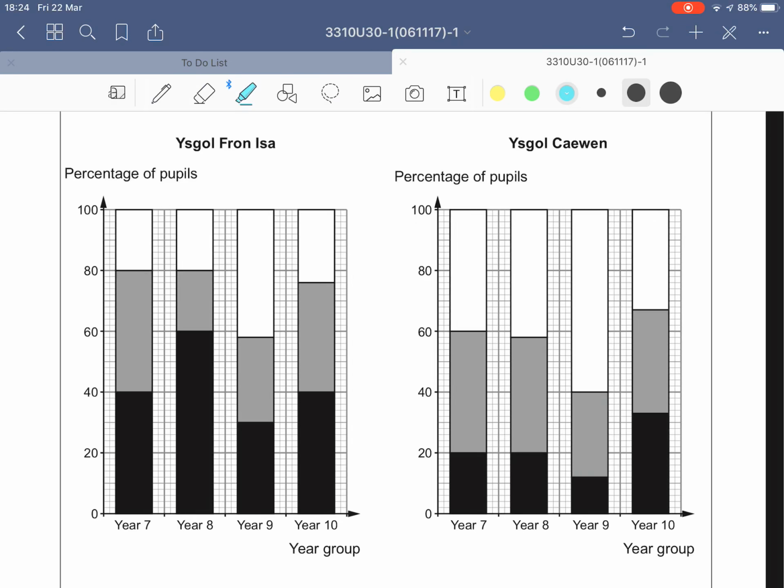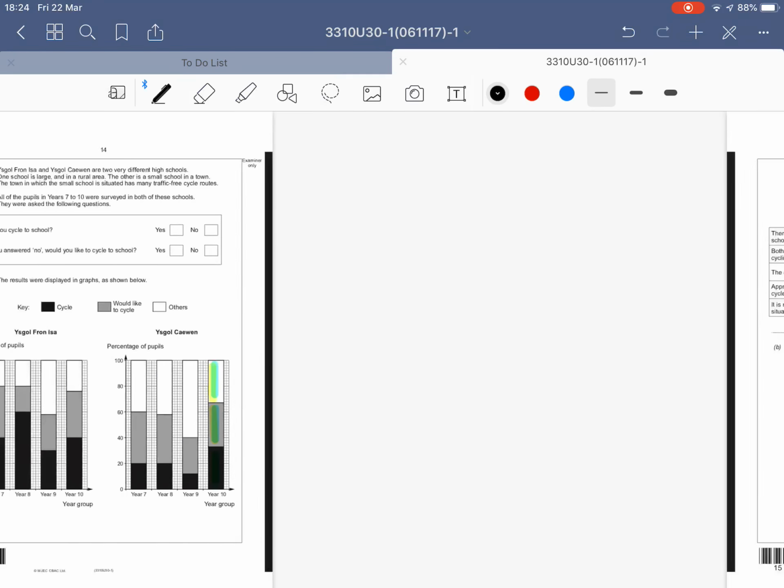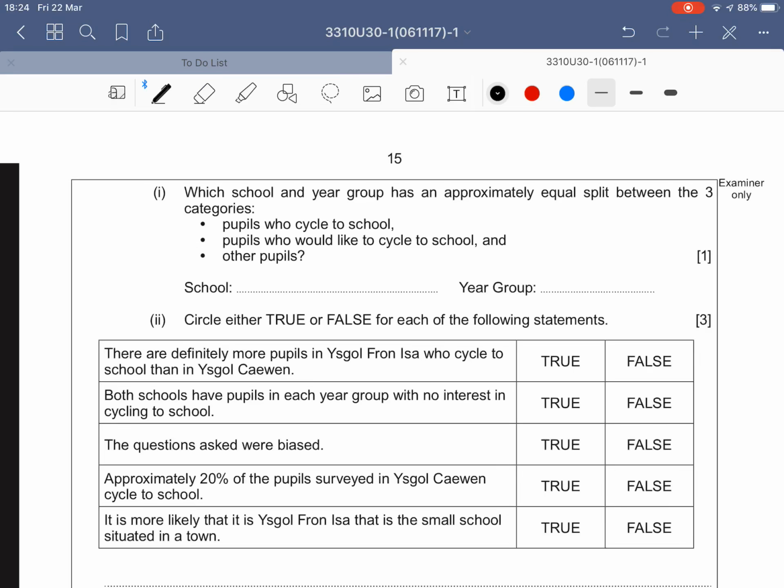So it looks like this is probably the one. All those 3 lengths are the same. So it's going to be Ysgol Caerwen and it's going to be year 10.